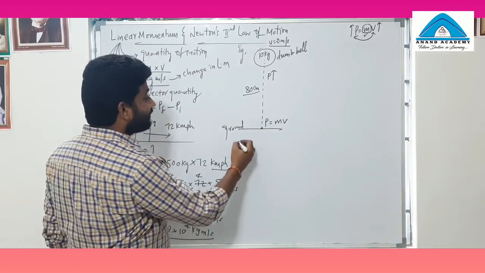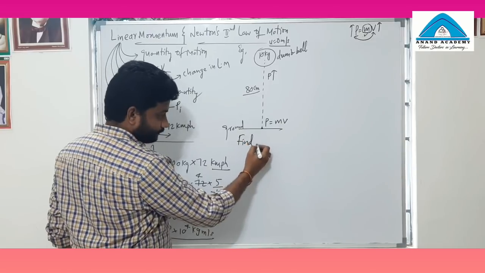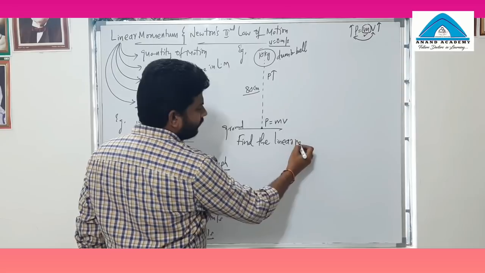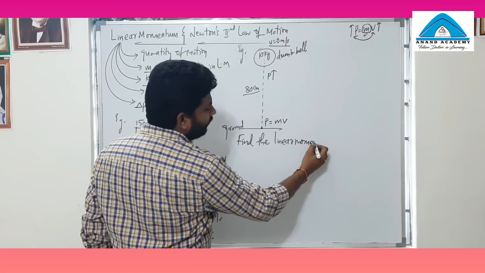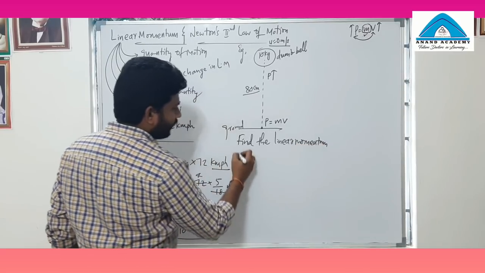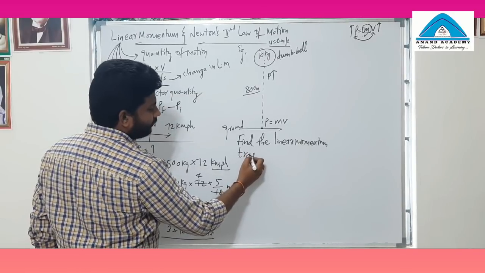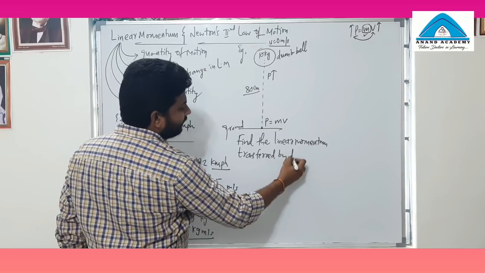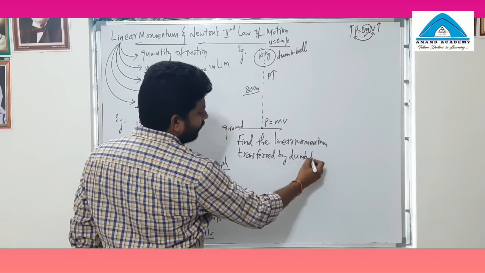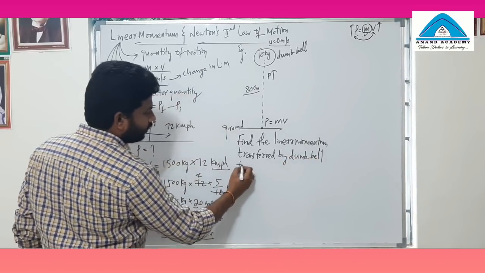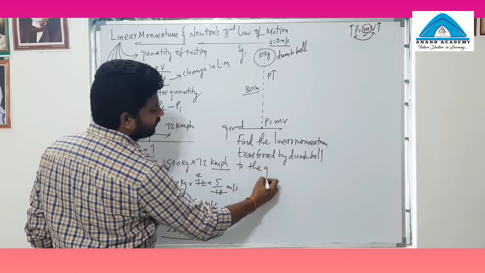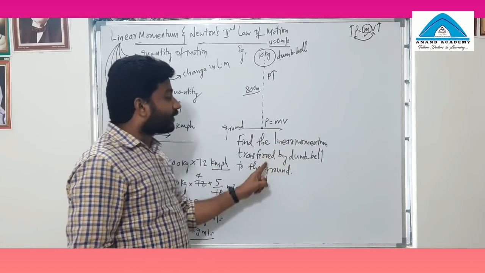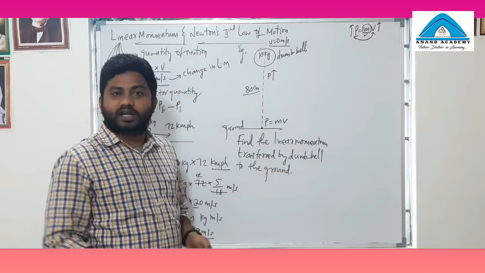Now the question is, find the linear momentum transferred by the dumbbell to the ground. So that's the question.